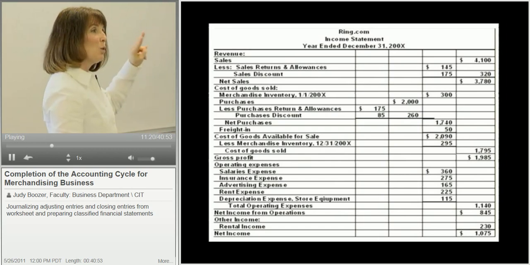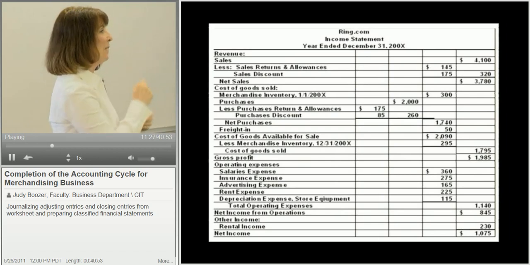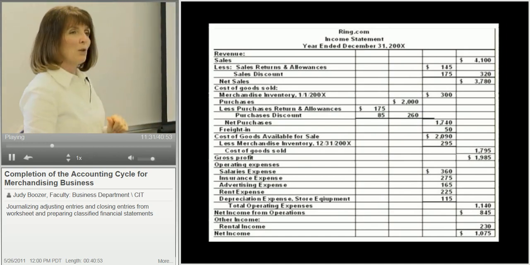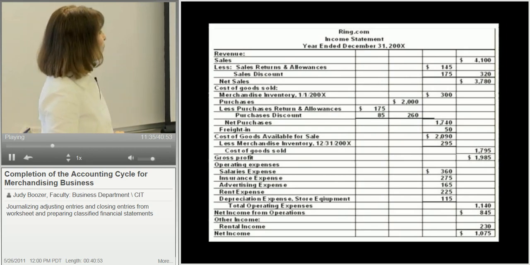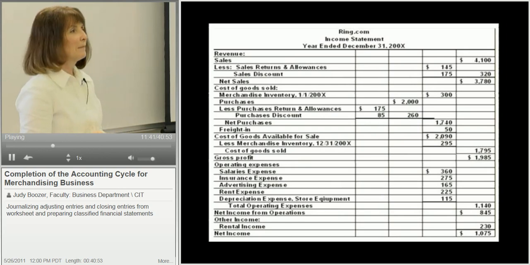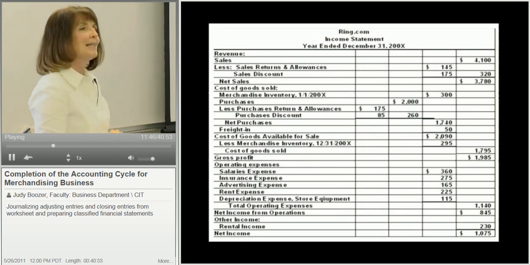Because there's 2 of them, we put them in the previous column so we can add them up to see that total negative impact. And then there's a line, and the result of both sales discounts and return and allowance equals that 320 amount shown there. What do we do with that 320 amount? You subtract it from gross sales, and that's how we get that net sales amount.